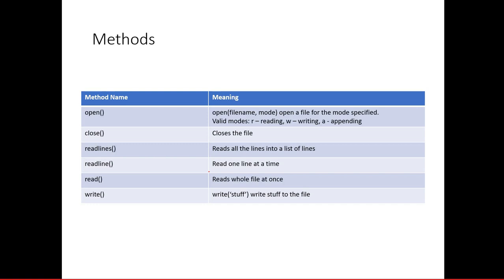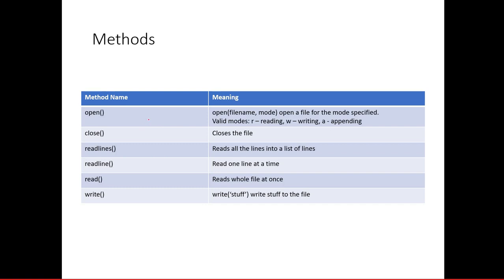For example, if you want to open an already existing file and read its content, we open the file for reading. We use R for that. And you can open a new file for writing, so we use W to indicate that it's for writing.